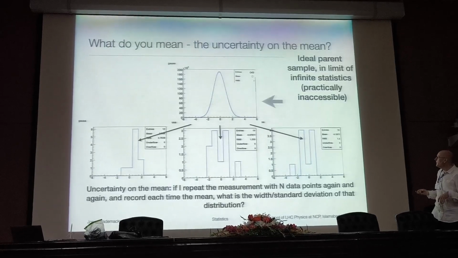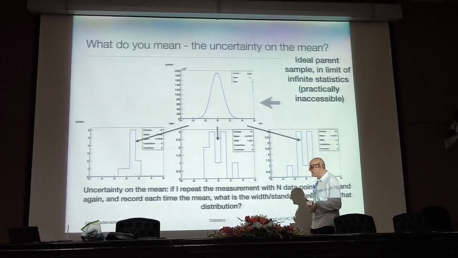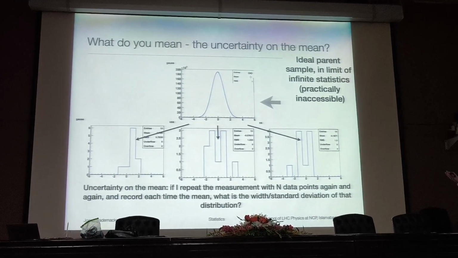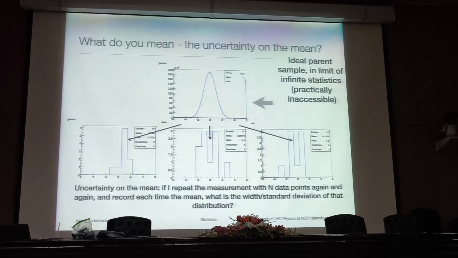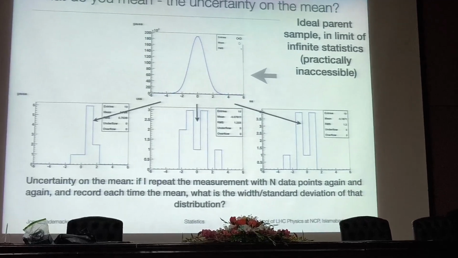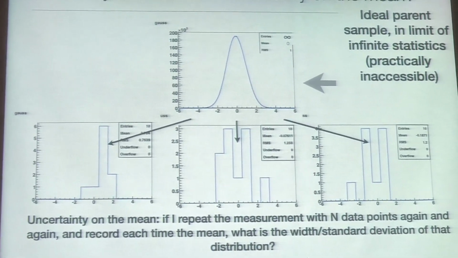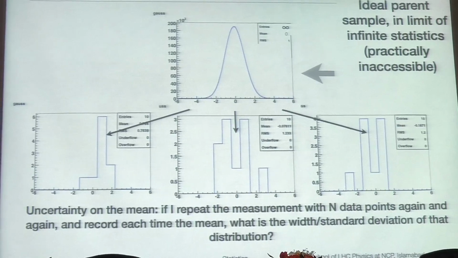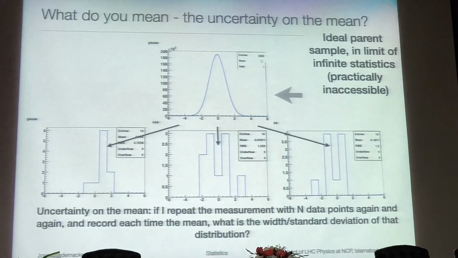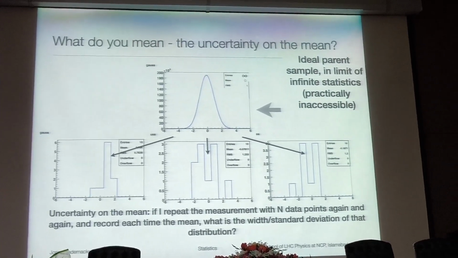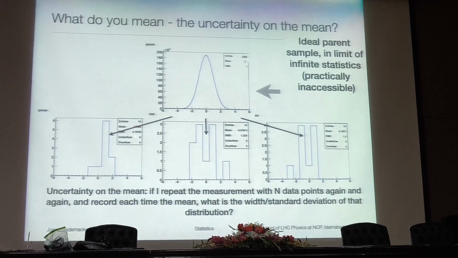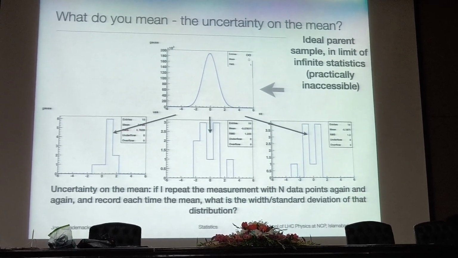And this concept of the uncertainty on the mean puzzles some people sometimes, and I understand that, so I'll try to depuzzle it a little bit for you. So what do you mean, the uncertainty on the mean? Imagine that there's one big sample, one true distribution of my data that nobody really knows, but it has infinite entries, and in my experiment I take some number of measurements. In the previous one it was 101, here I take 10. And I make a measurement of the mean, and I get also the uncertainty, and I get a measurement of the width of the distribution.